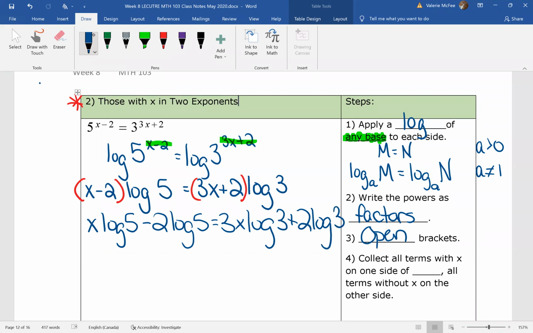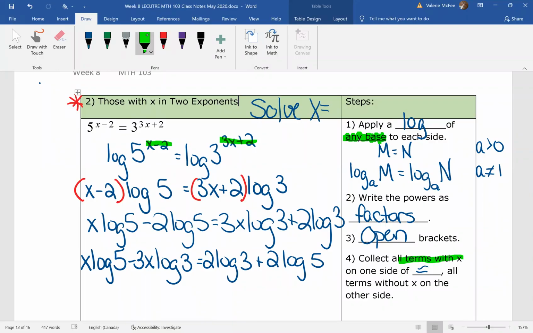It gets a little bit confusing, so you have to remember what you're trying to do. We're trying to solve the equation. That means we want x equal to something. So we want all of our terms with x on one side of the equal sign, all of our terms without x on the other side. Why don't you do that writing and I'll do it as well.